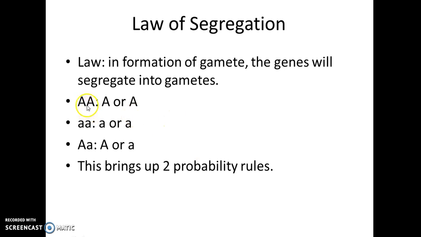So if you have two alleles, big A, big A, one gamete will receive a big A and the other gamete will receive a big A. If you're little a, little a, then one gamete will receive a little a and the second gamete will receive a little a. If you're big A, little a, one gamete will receive a big A, and the second gamete will receive a little a. Now, the law of segregation brings up two probability rules, which we'll go over right now.